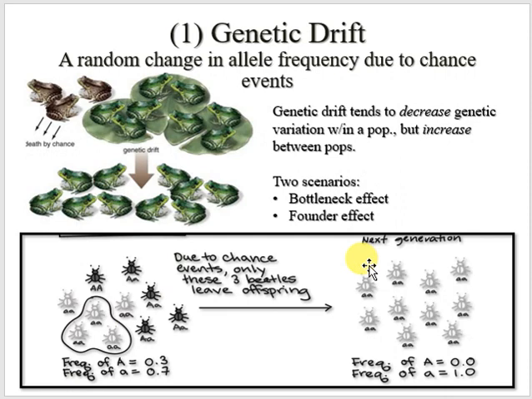All right, so let's actually go more in depth, more nitty-gritty, with the individual drivers of microevolution, right? These are the mechanisms by which microevolution can occur. So we'll start with genetic drift. So what is genetic drift?